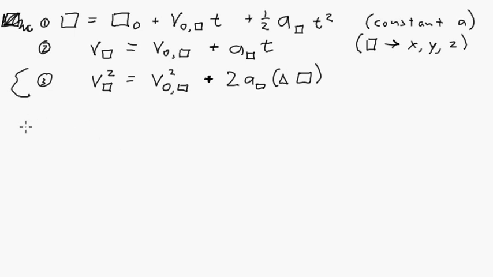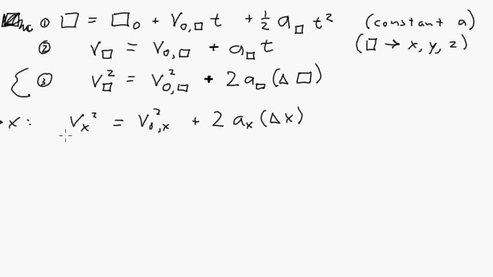So let's take it in x. The box becomes x, and then we get vx squared equals initial velocity in x squared plus 2 times the acceleration in the x direction times the displacement in x.